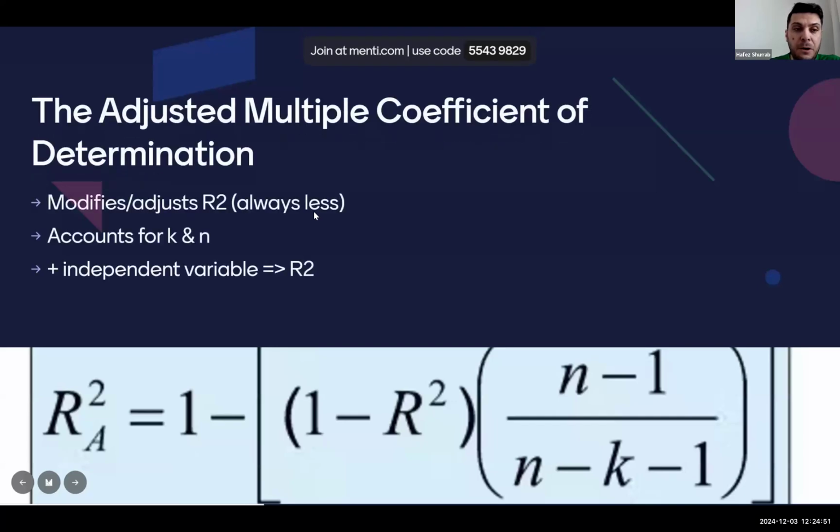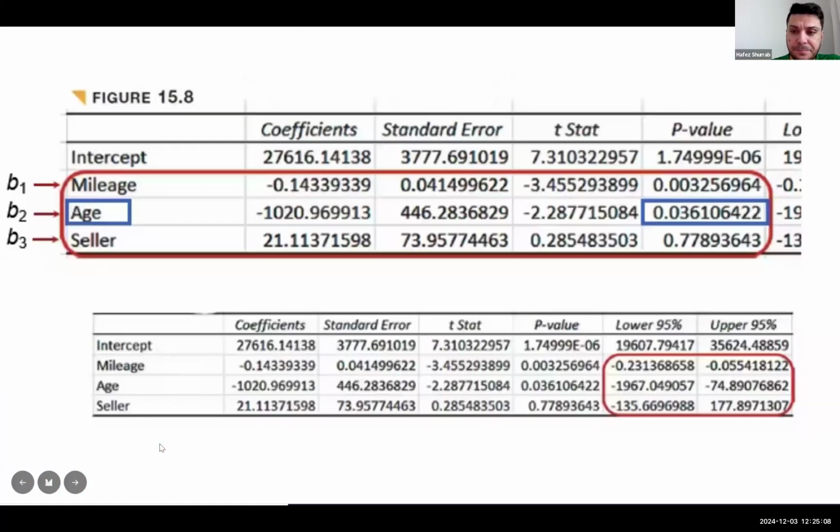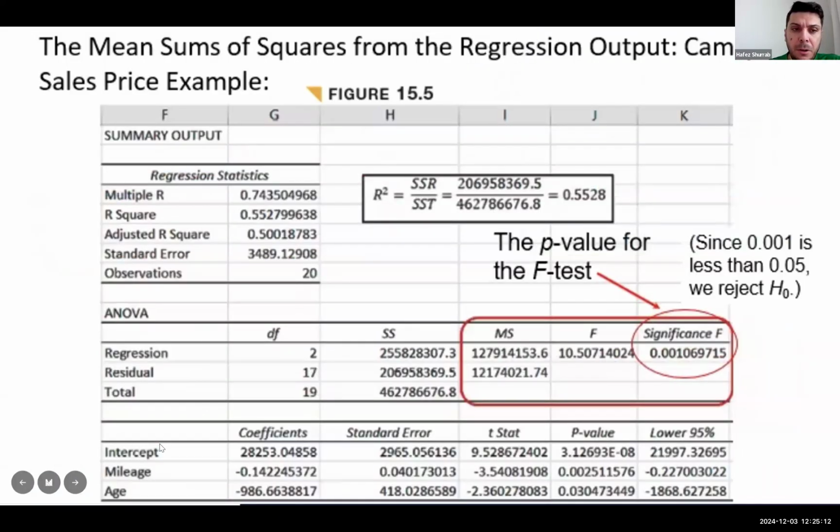Now, moving on to the adjusted R-square. This is very important, and this is the formula for it. You don't need to calculate it. You have it on the summary of results. But if I go back here, the R-square is always going to be inflated if I add more and more independent variables to the model.